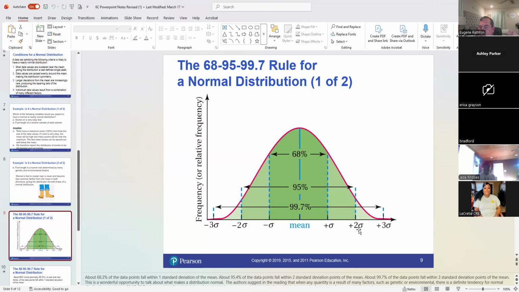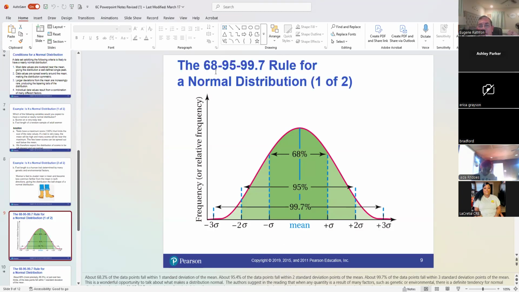Plus 2 sigma is 2 standard deviations. And then toward the end is plus 3 sigma, which is 3 standard deviations. And to the left would be a standard deviation less, 2 standard deviations less, and 3 standard deviations less.